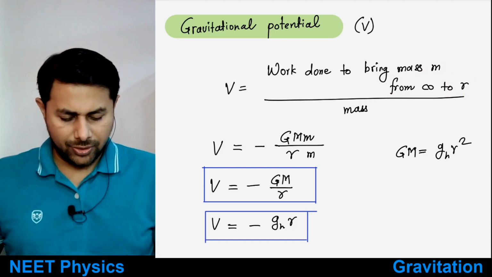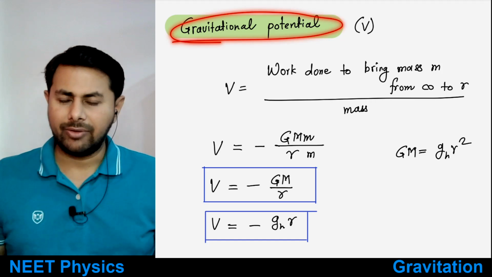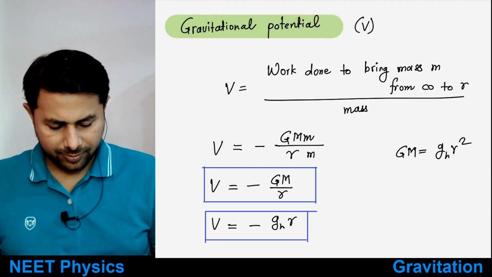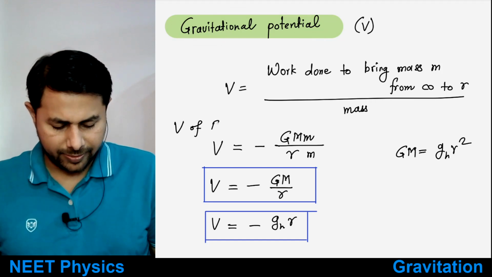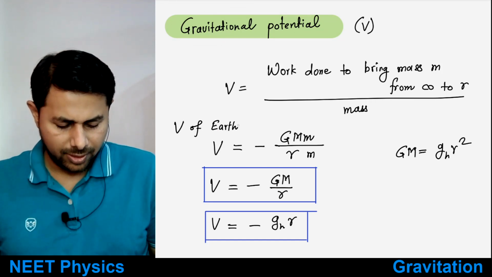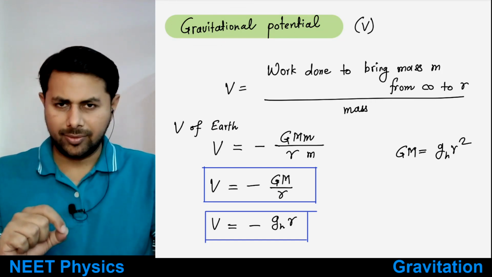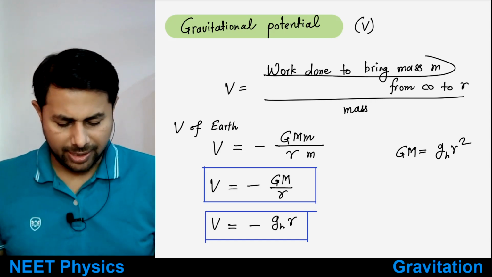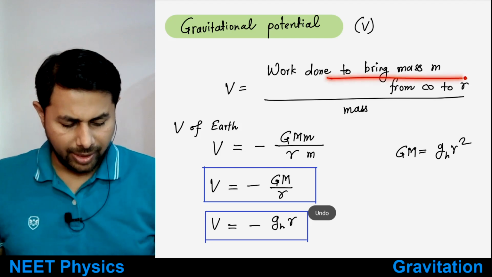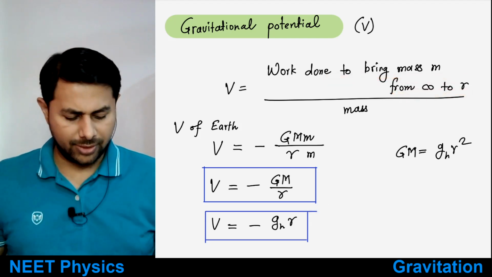So what would be the gravitational potential of Earth at some distance r from the center of Earth? By definition, it is work done to bring a mass m from infinity to r, divided by that mass.